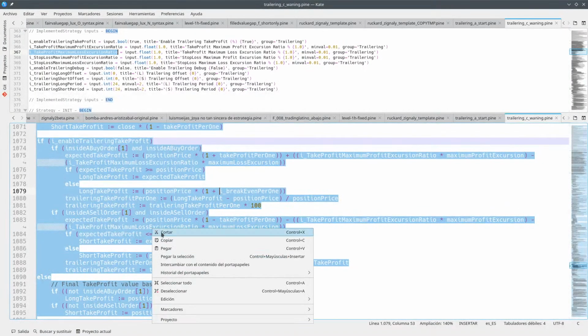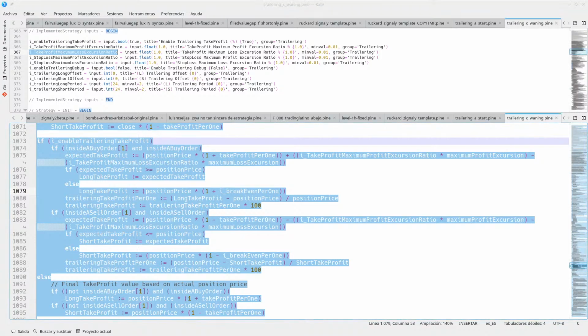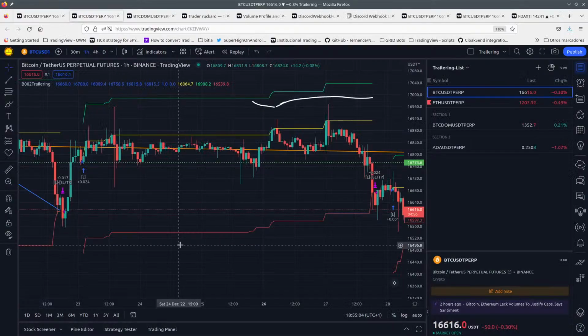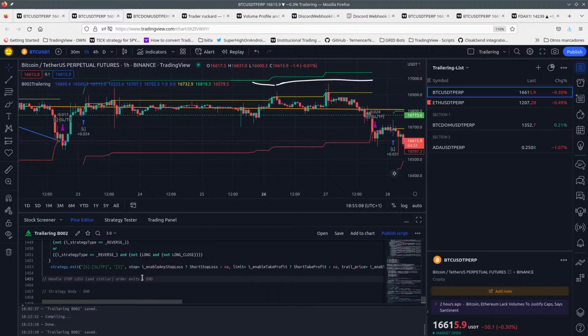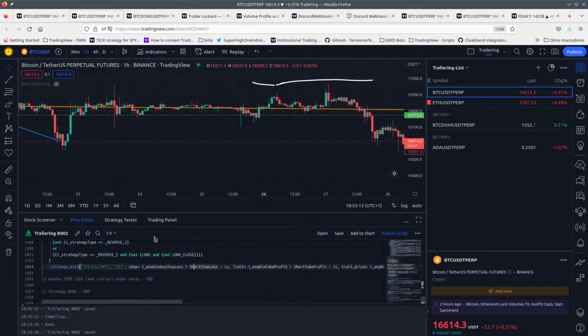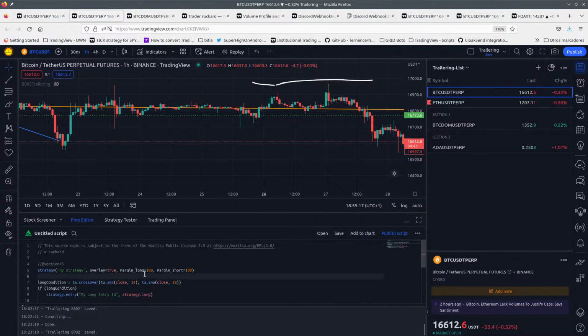Okay, let's test this. Now strategy tester, pine editor. Okay. Let's remove this and say that we want to create a new strategy.